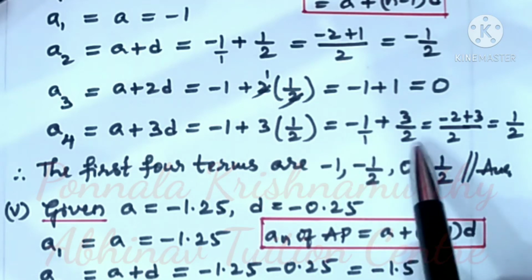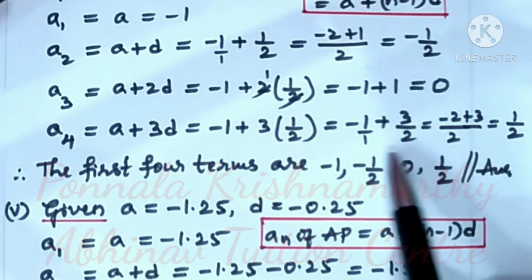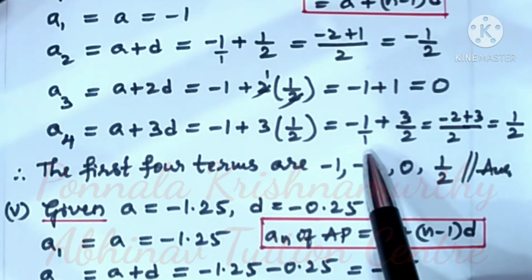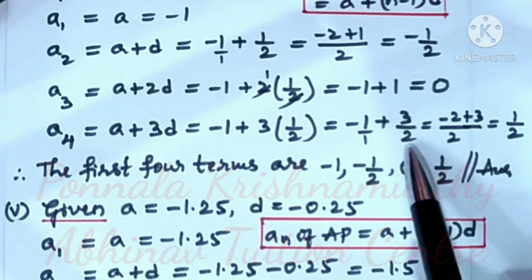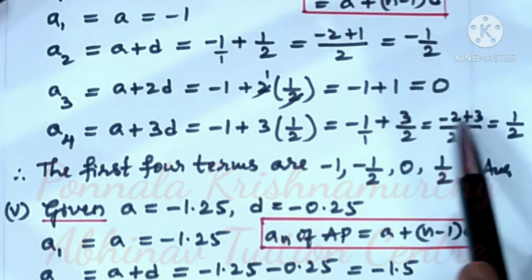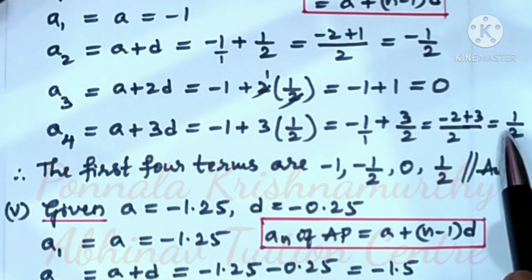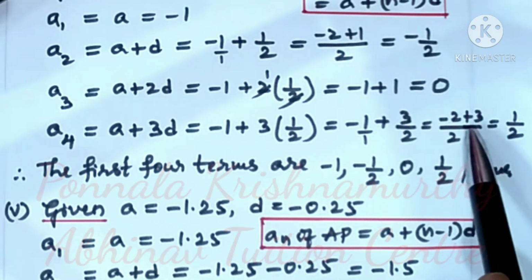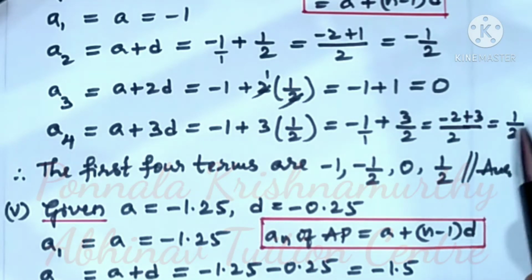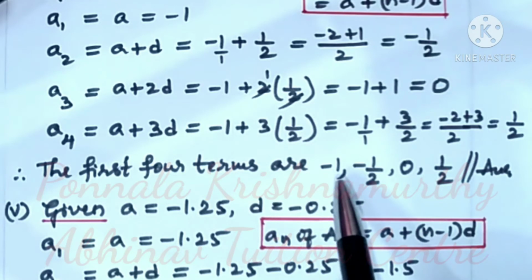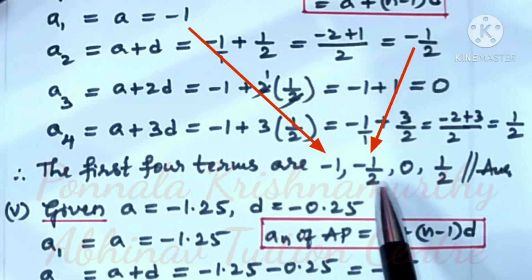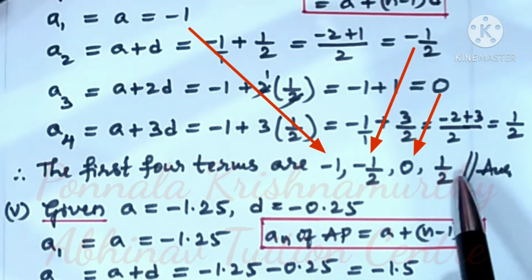Now LCM for 1 and 2 is 2. 2 by 1 is 2, that 2 into minus 1 is minus 2, plus 2 by 2 is 1, that 1 into 3 is 3. That is equal to different signs, subtraction, bigger number sign. So this becomes 1 by 2. Therefore, the first 4 terms are minus 1, minus 1 by 2, 0, 1 by 2.